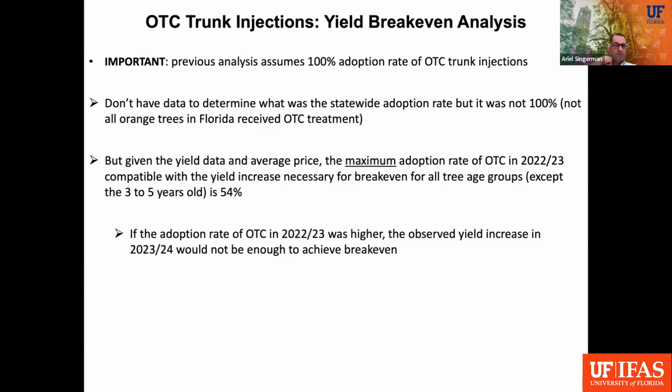Growers typically would want to apply the treatment to them as an investment in their future, but they are unlikely to reach break-even. So the statewide adoption rate of OTC that I estimated is compatible with break-even is 54%.